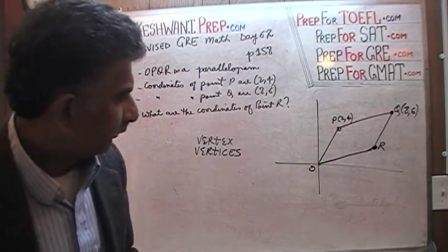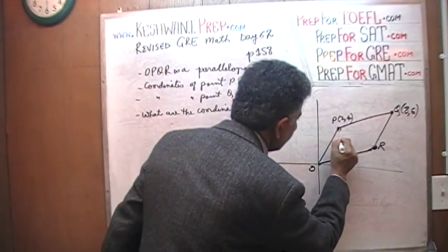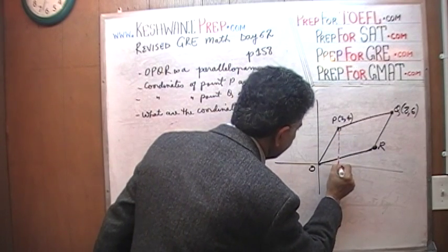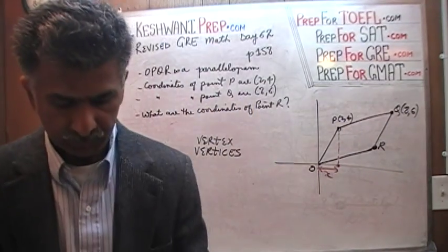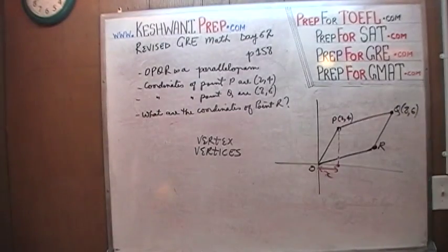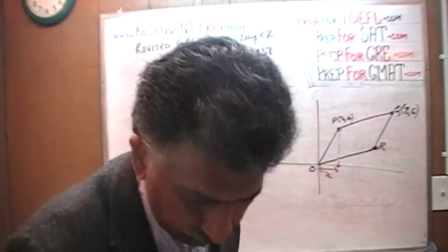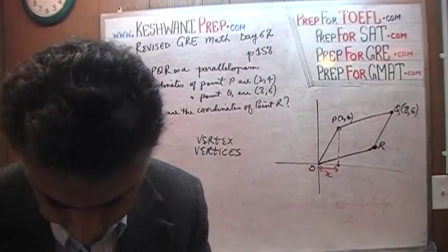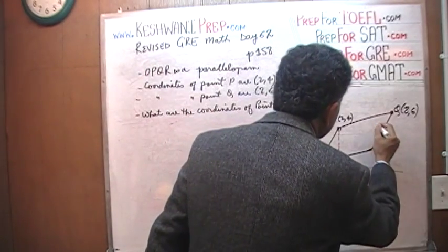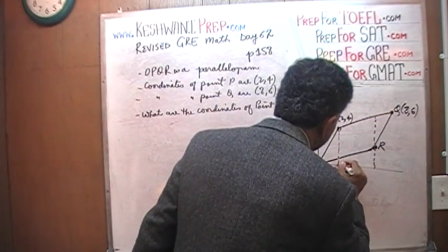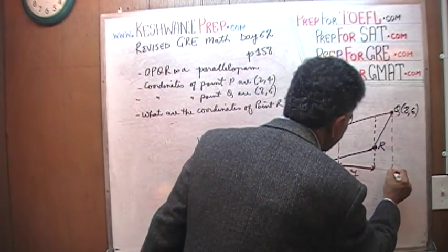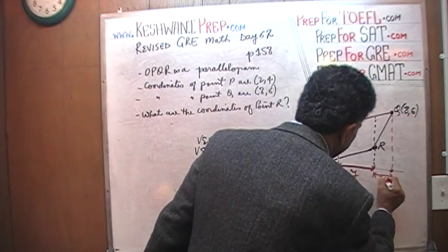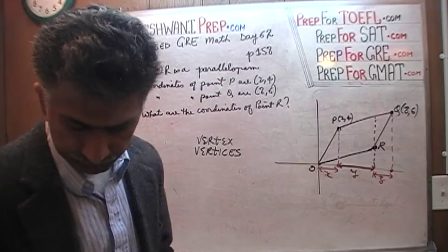From here to here, let's call it X. From here to here, let's call it Y. And this distance from here to here, let's call it Z. Now, keep listening.